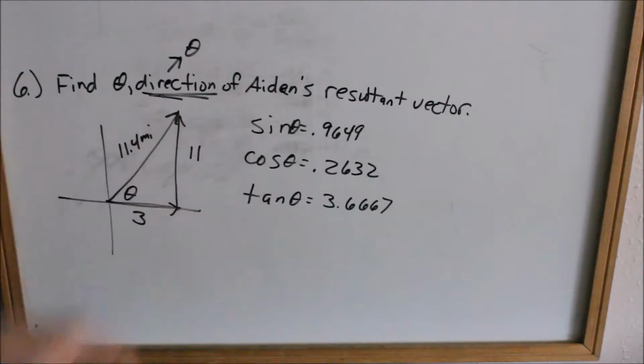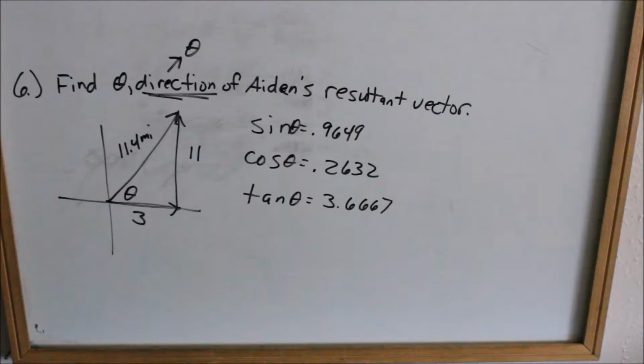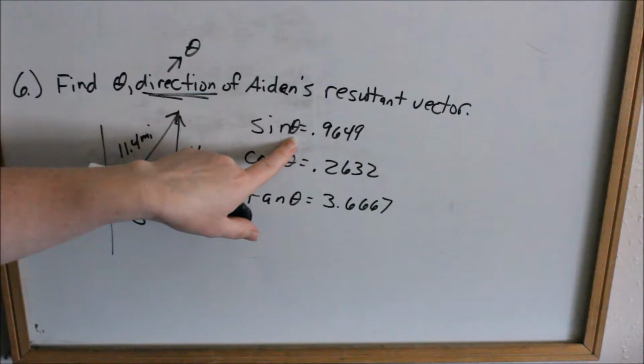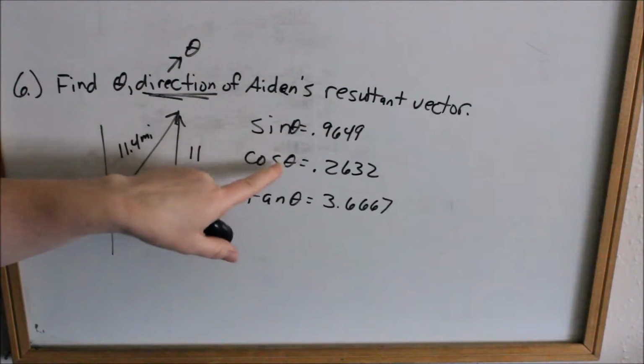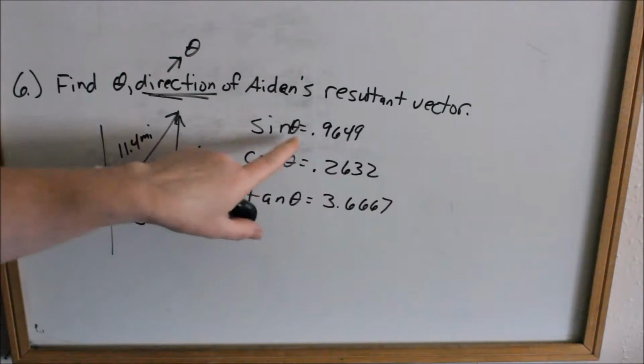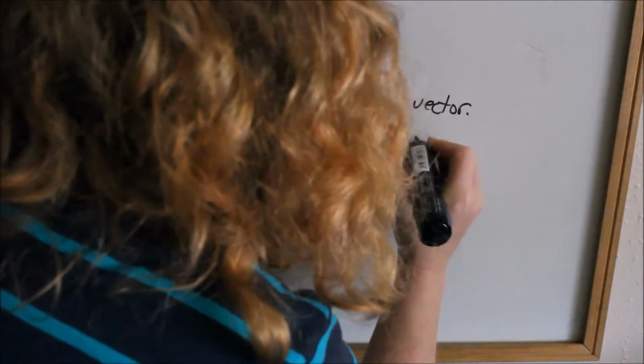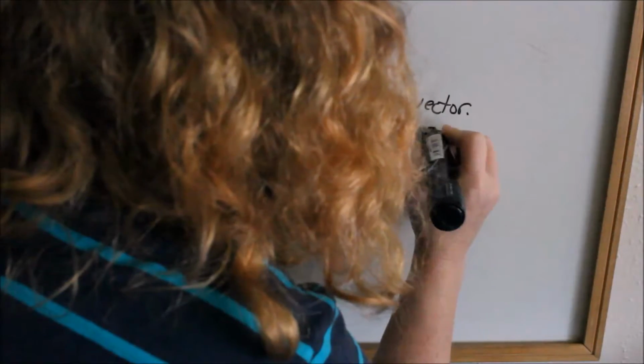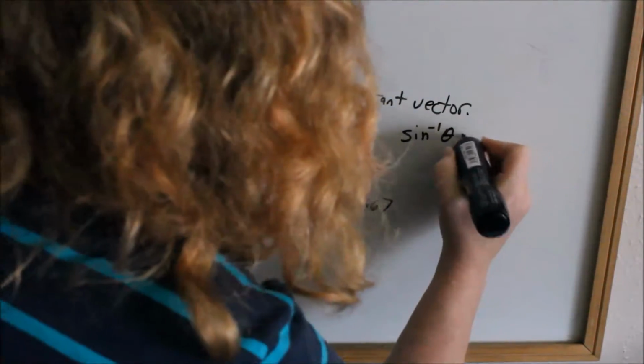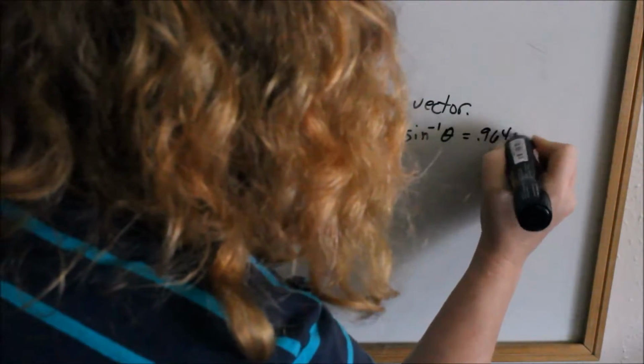So to find theta on your calculator, you have sine, cosine, and tangent buttons. But to find theta, you are doing what's called the arc sine, or the inverse of sine. If you do that for each one of these, theta should come to the same thing. So on paper, you see it as this. Sine to the -1 of 0.9649 equals theta.